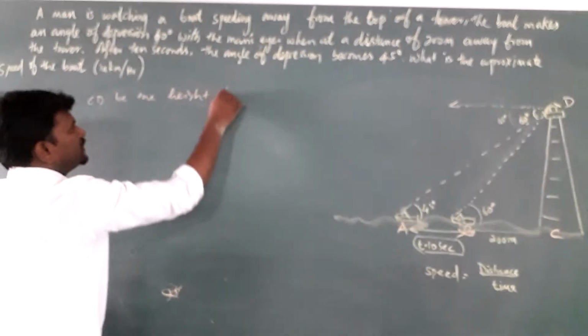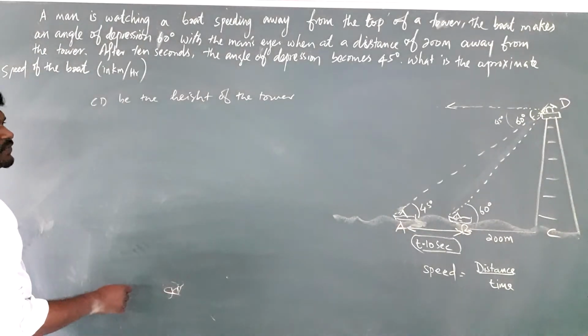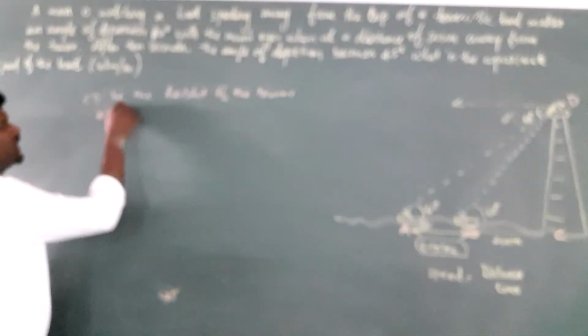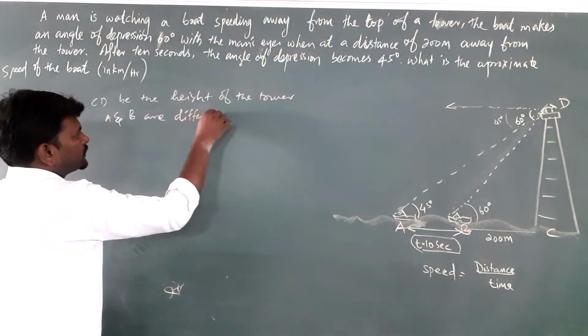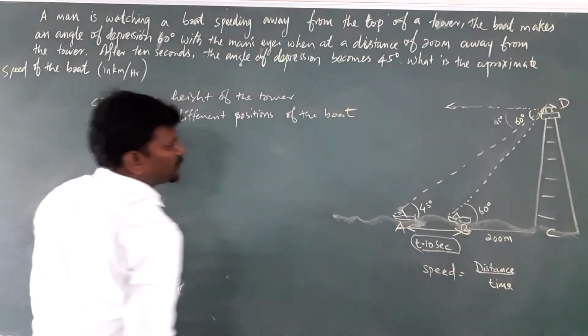So CD be the height of the tower. A and B are different positions of the boat.